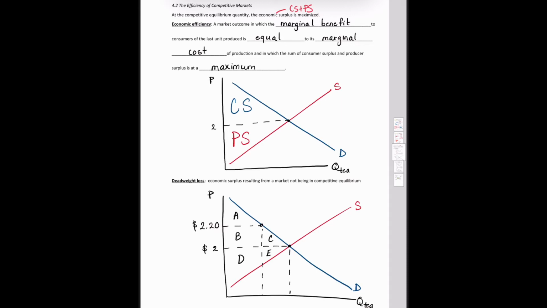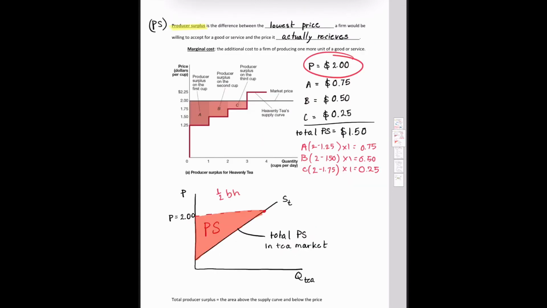Remember, the demand curve described the marginal benefit of each additional cup of tea, and the supply curve described the marginal cost of each additional cup of tea. One thing I did forget to mention is just like consumer surplus was measured using the demand curve, producer surplus is going to be measured using the supply curve.